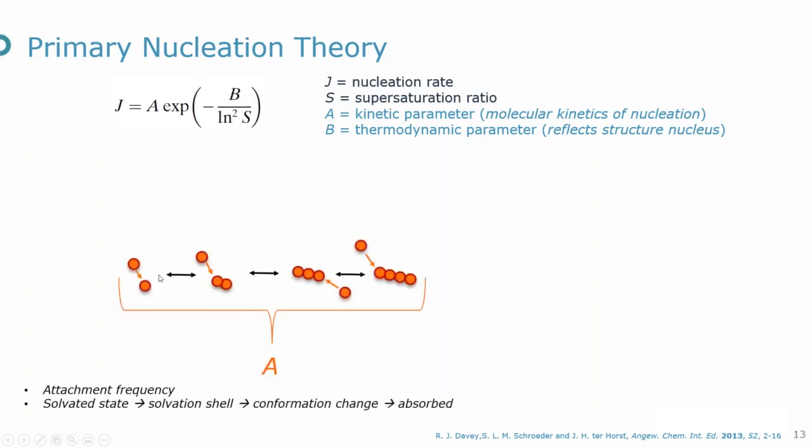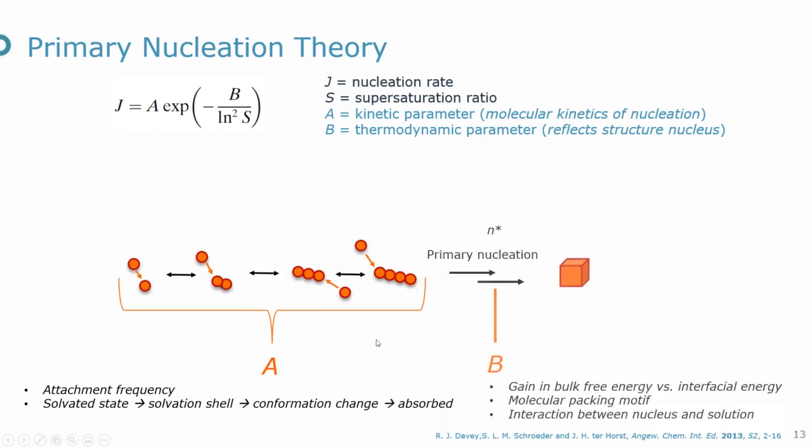If you go back to the schematic depiction that I showed earlier, initially the reversible process of forming monomers, dimers, trimers, and so on depends really on the kinetic parameter. Usually the processes involved are that the solvated state, on the left-hand side, loses a solvation shell, undergoes a conformation change, and then finally gets absorbed in the growing nucleus.